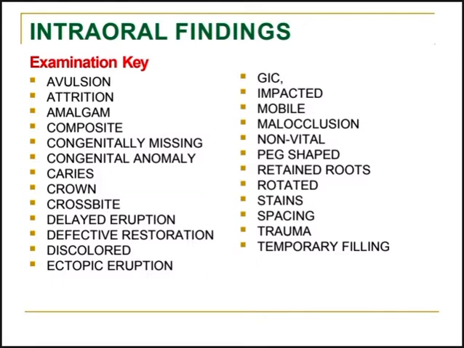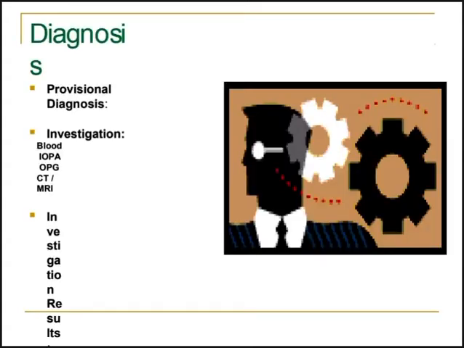And if you see any defects such as amelogenesis imperfecta, dentinogenesis imperfecta, hypoplasia, you have to make a note of it. And if you see mobile teeth, malocclusion, irregular teeth, crowding, you don't have to miss anything. That's important.